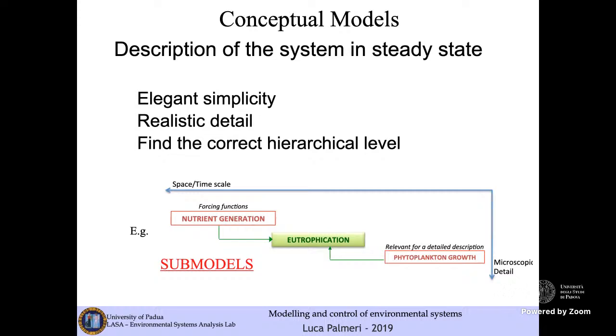It is again a matter of finding the right trade-off between elegant simplicity and realistic detail. The point is, in terms of epistemology, finding the correct hierarchical level. For example, in the problem of eutrophication I just stated, I shall identify the temporal and spatial scale at which I'm going to describe the phenomenon.